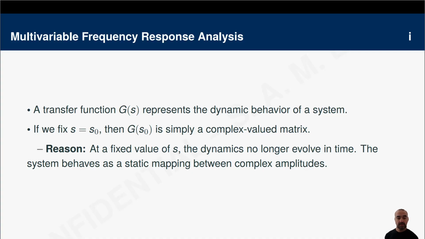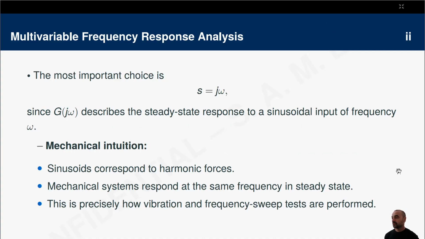The most important choice is s equal j omega, since G(j omega) describes the steady state response to a sinusoidal input of frequency omega. One slide earlier we talked about mapping the steady state responses.